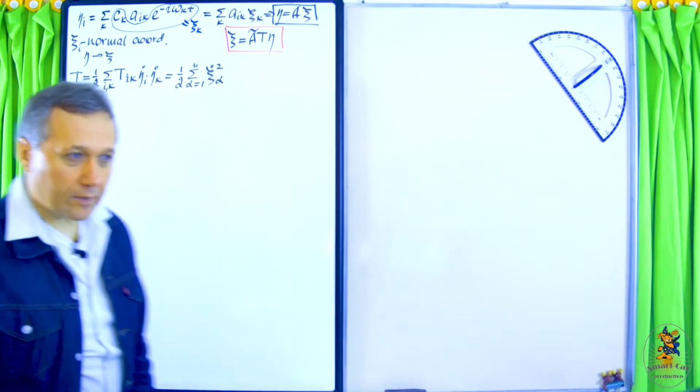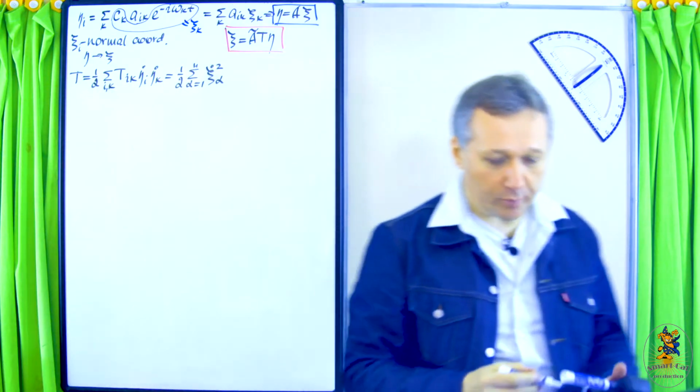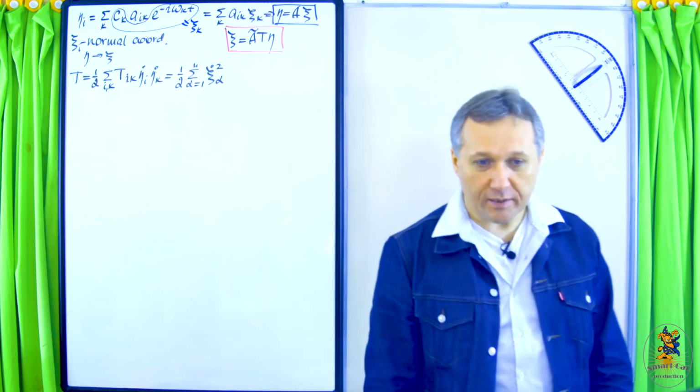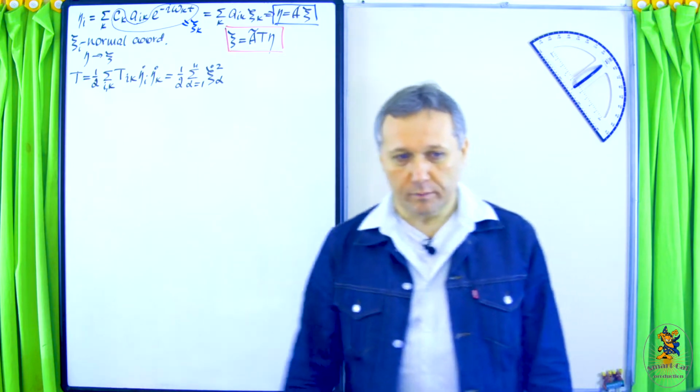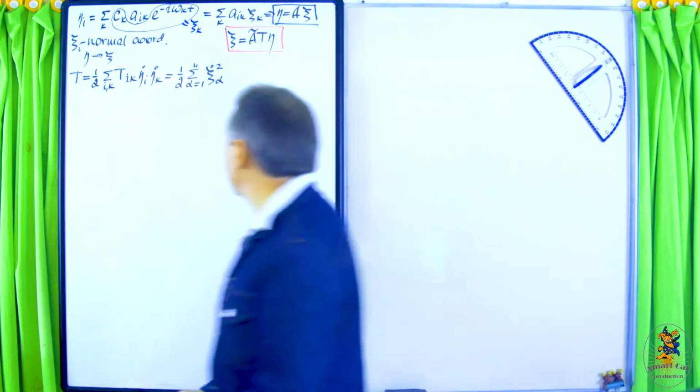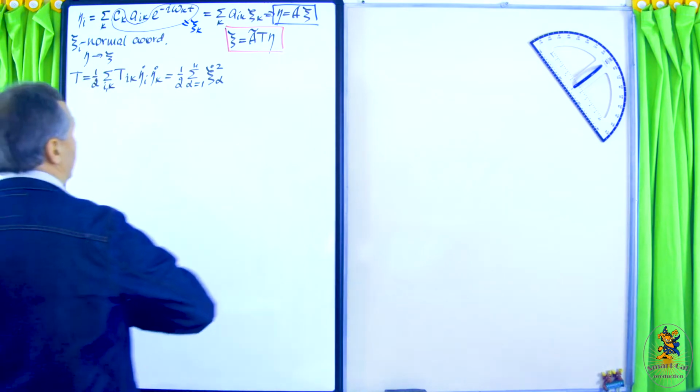So that's what we ended up with. So great, only quadratic terms. So in these coordinates, xi, kinetic energy looks as it should look, right? Based on our goal. So only quadratic terms.